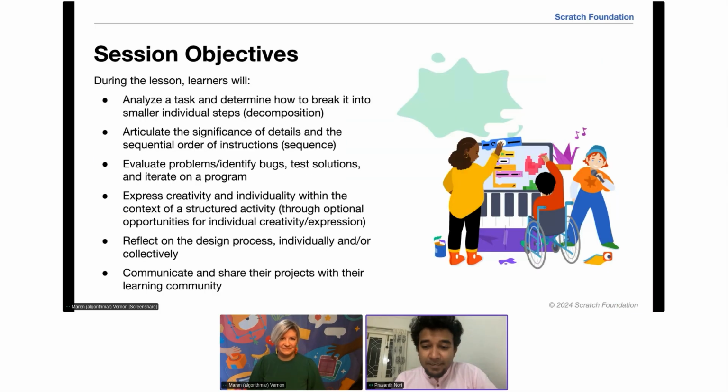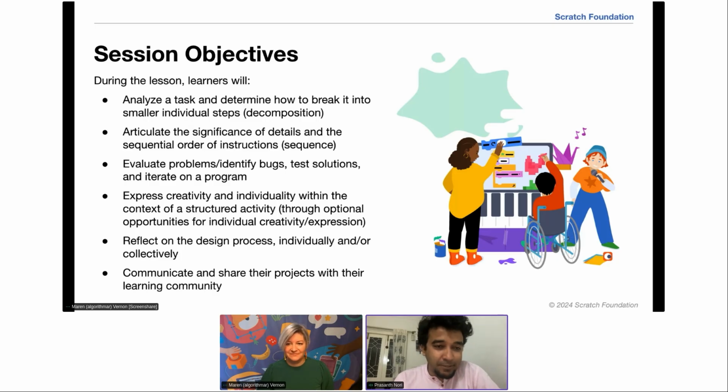And some of the objectives for our session today: you don't need to be an expert in paper plane folding or drawing. It's really for you to learn and debug alongside all of our wonderful attendees from every part of the world.